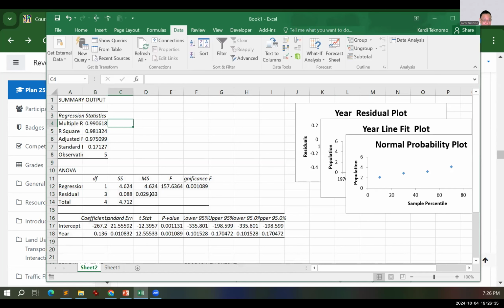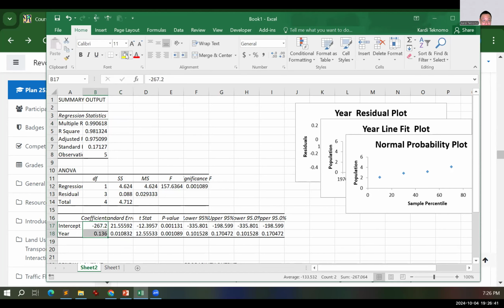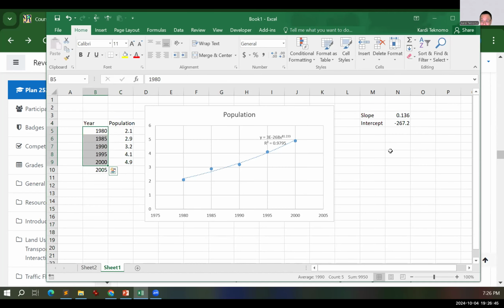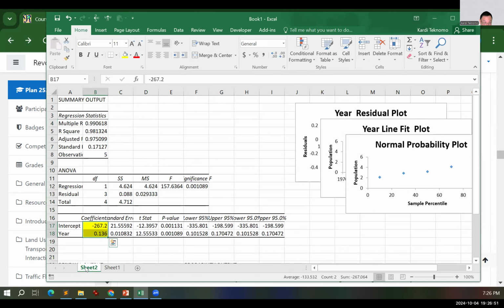Three things that you need to get. Number one is the coefficient, which is exactly like a while ago, 0.36 and negative 267.2. Then you need to check the T statistic.